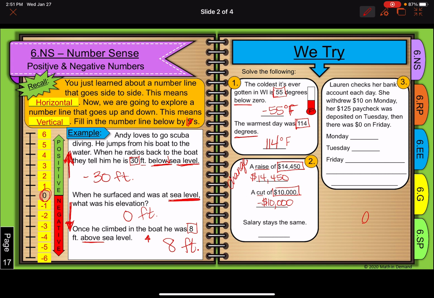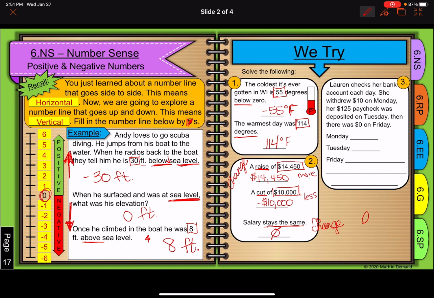What if my salary were to stay the same? So in this case, there's no change. Well, if a positive change meant I got a raise, so I got more money, and a negative change was a cut, so I got less money, no change would be a 0 because I'm not getting more money, I'm not getting less money, nothing is happening.